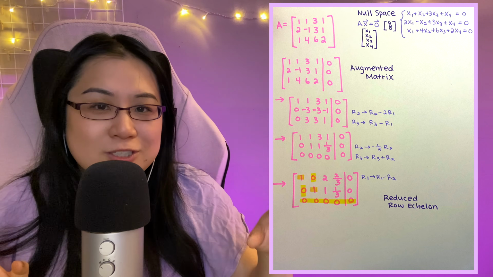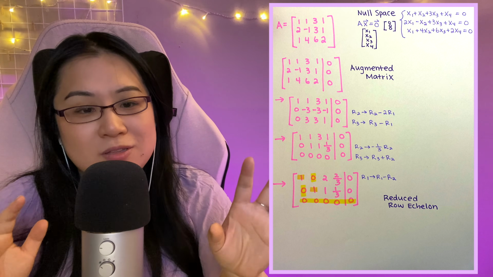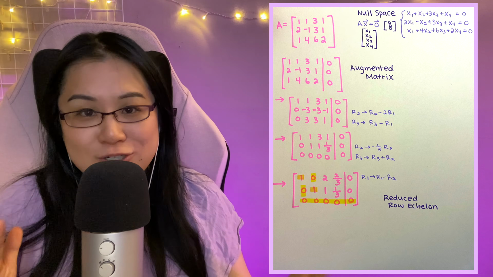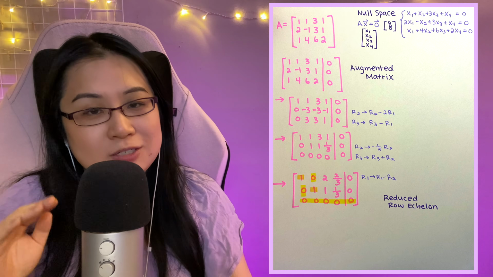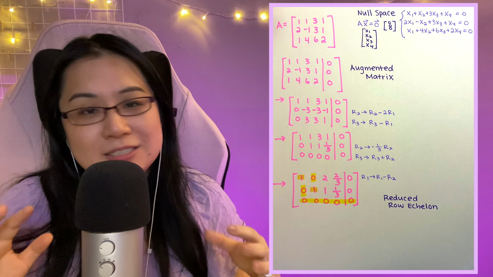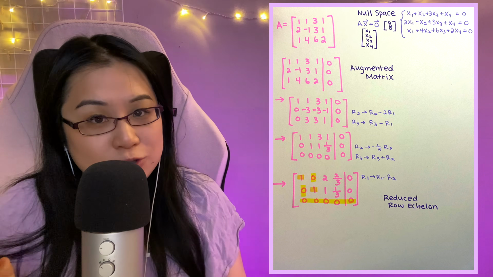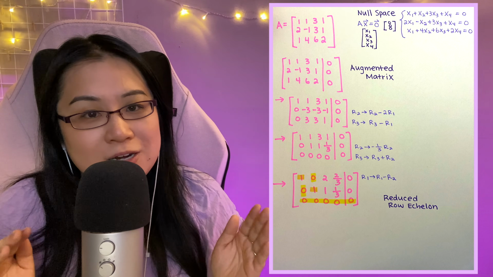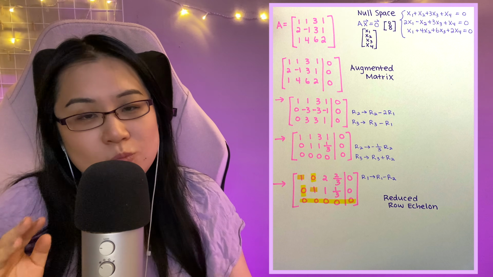We want the coefficients of leading terms to be 1, and then there are just some other rules for the matrix that we want to end up with in reduced row echelon form, okay? But the big picture there is we're essentially using shortcuts and row operations to solve this system of equations to be as simplified as possible. That way we can get a general solution. And what that means is we just want a relationship between x1, x2, x3, and x4 as simplified as possible without much overlap.